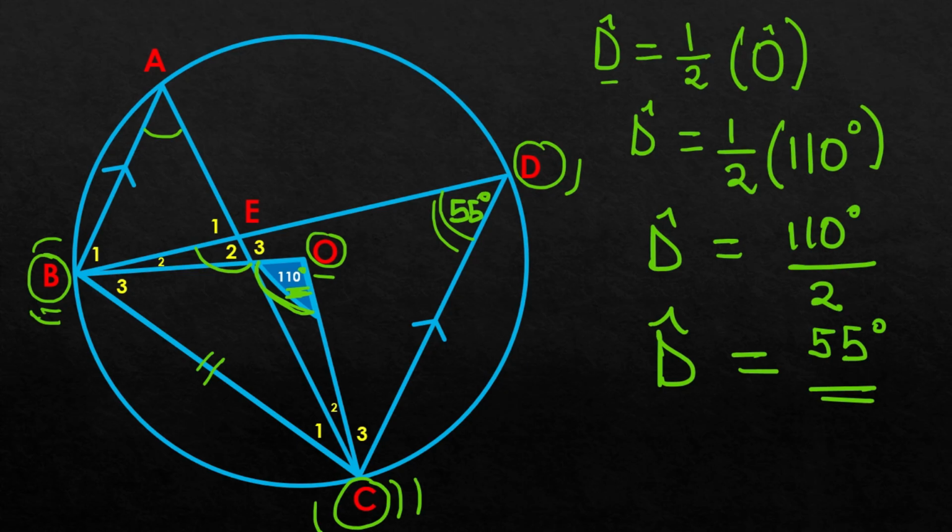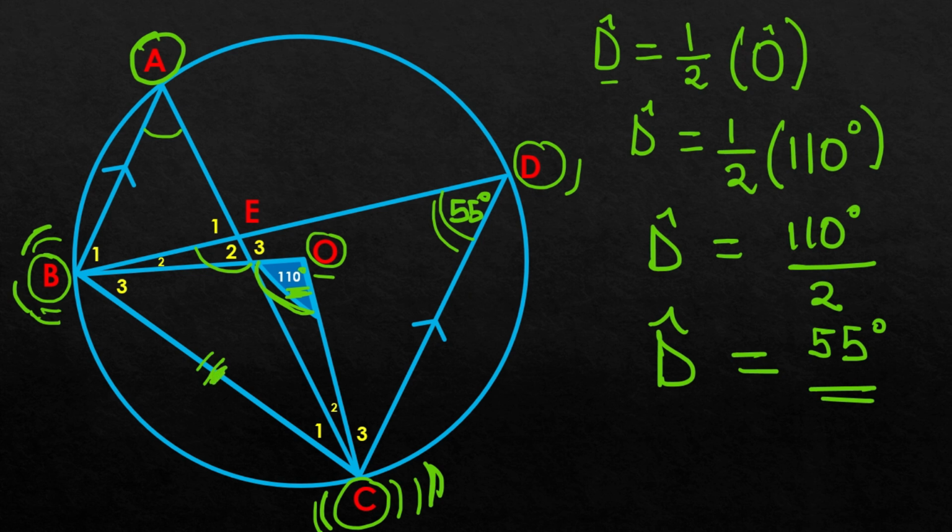And also, as you can see, the triangle BAC is also having the same base of BC, this one.